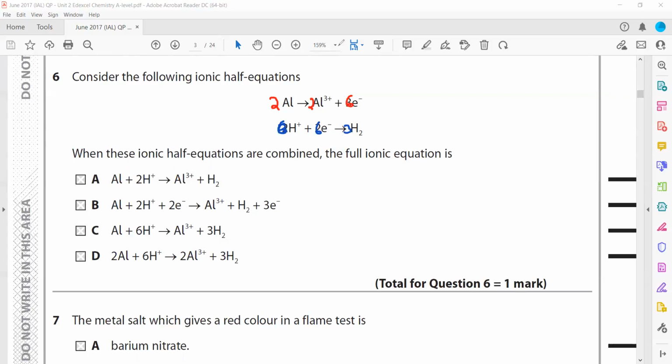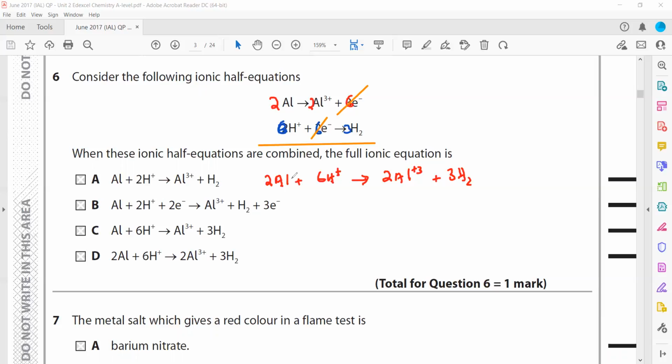Now when we add the two equations, the electrons will cancel out with each other. What are we left with? We are left with 2Al plus 6H+ gives 2Al3+ plus 3H2.